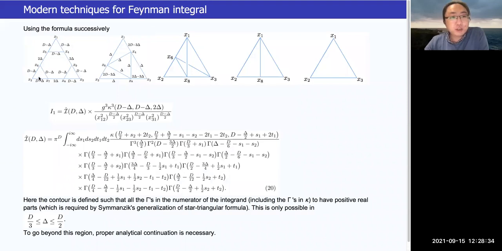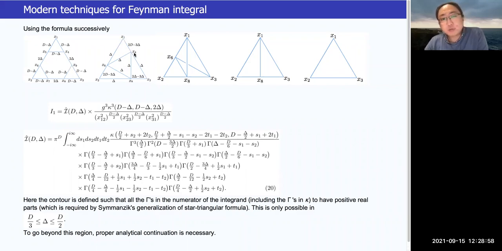So initially, I'm zooming in on the diagrams. This is the original 1PI vertex, which I'm just denoting as a triangle now. And in fact, now you can use the star triangle formula for 3 legs here, here, and here. You arrive at these diagrams.